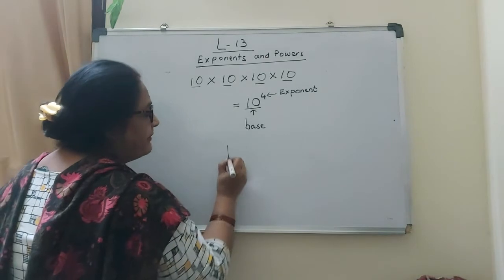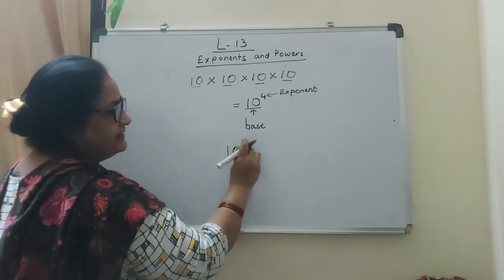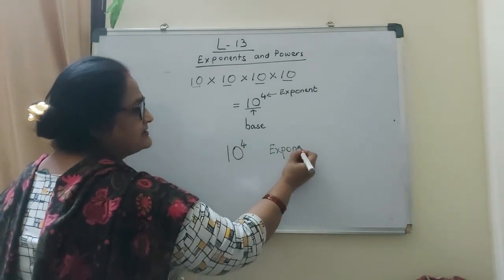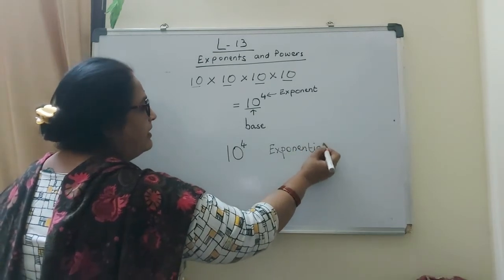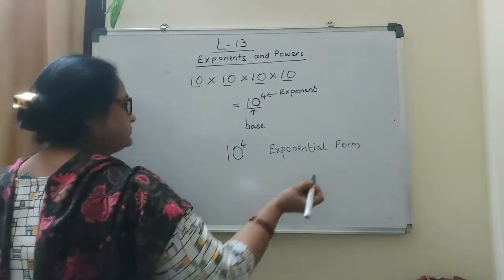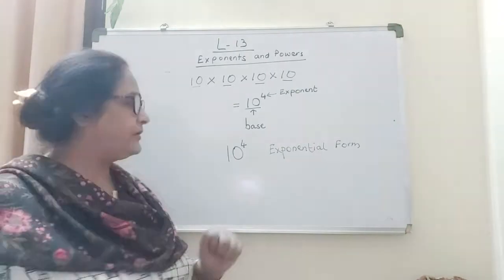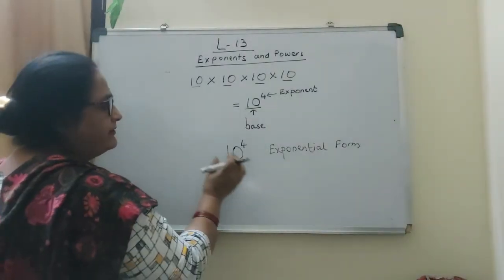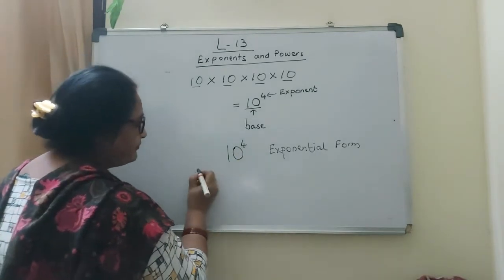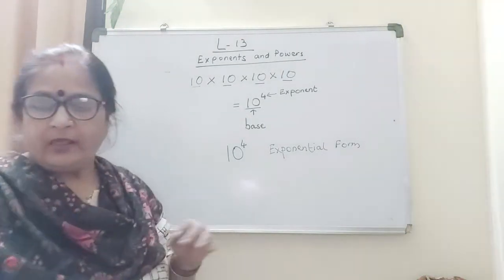So writing a number in this form using the base and the exponent is known as exponential form. Okay, where 10 is the base and 4 is the power. Now, how do I read this number?